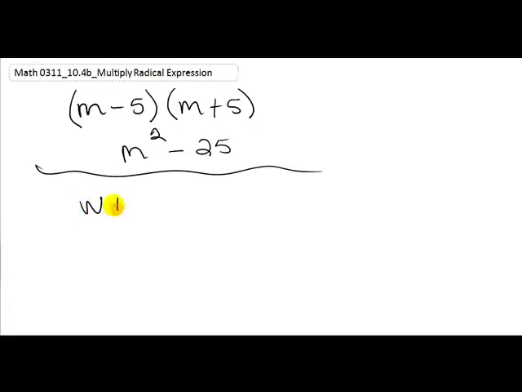Let's look at w plus 5 squared. We want to remember here that the 2 says we multiply it twice, so we have to write it twice. Okay, that's kind of weird.